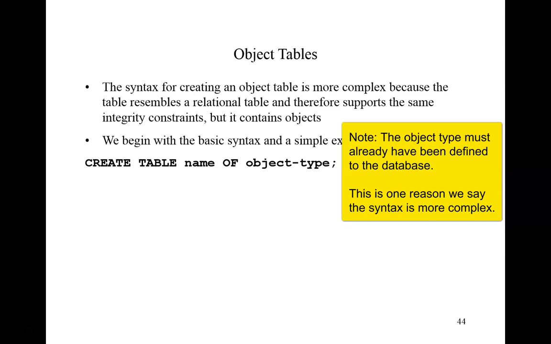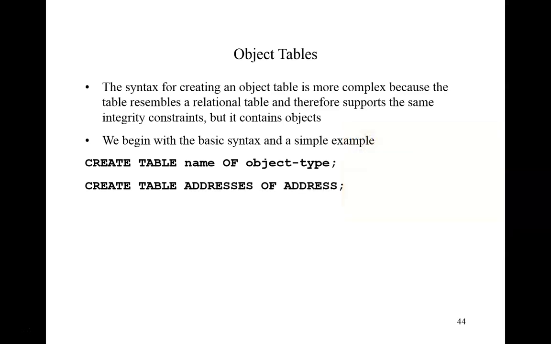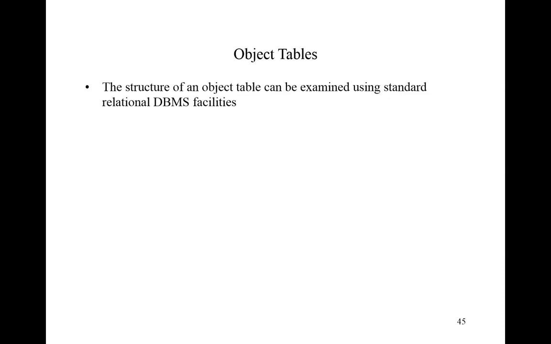Each row will be an object instance of that type. Using our address type, we can create a table, and here we call that table addresses, which is effectively a table of address objects.